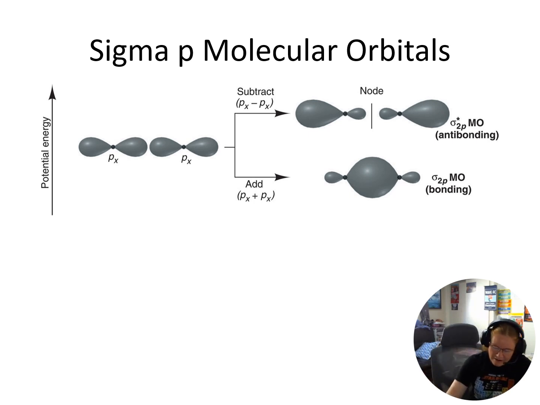Here I get end-to-end sigma molecular orbitals, sigma and sigma star for bonding and anti-bonding.